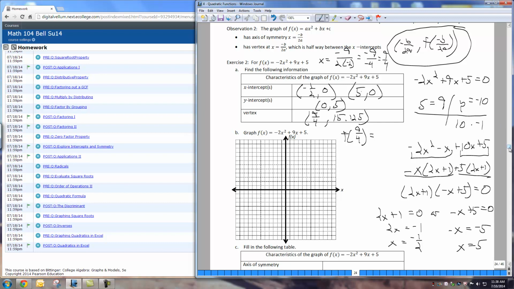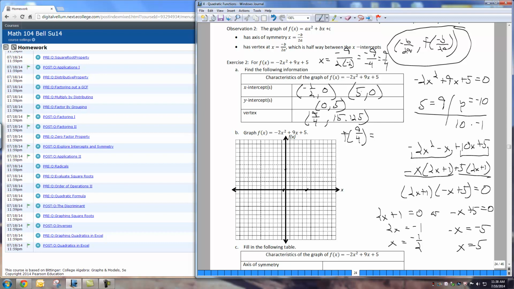So now let's plot those 4 points. So negative 1/2, 0 is right here. 5, 0: 1, 2, 3, 4, 5, 0 is right there. Y-intercept is 0, 5. So 1, 2, 3, 4, 5. So our vertex is going to be up in here. So it's 2.25.